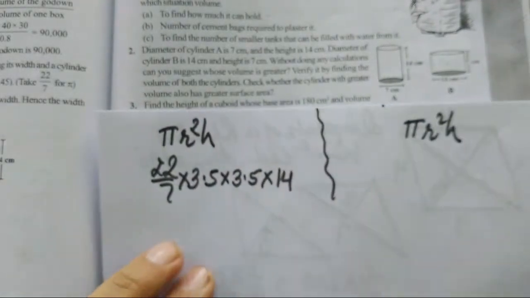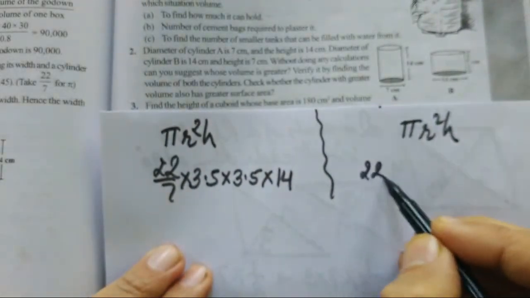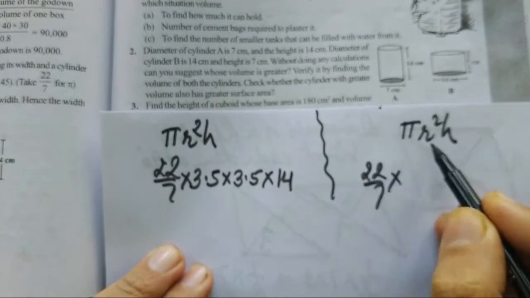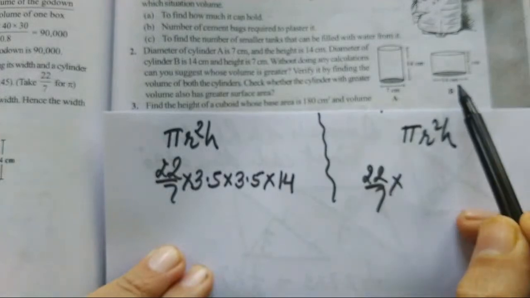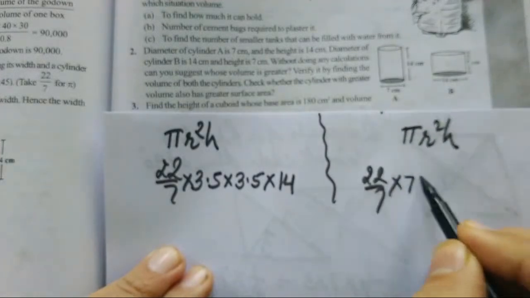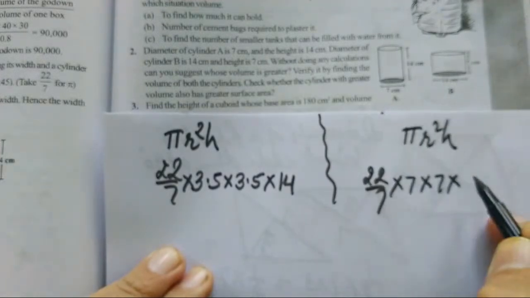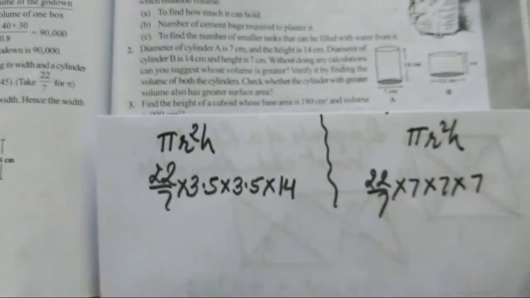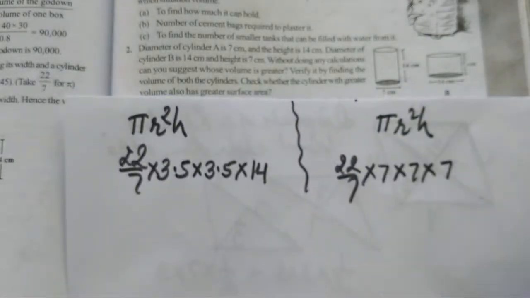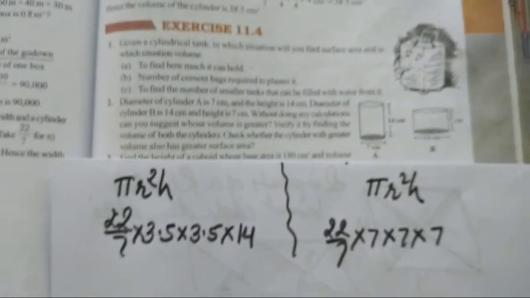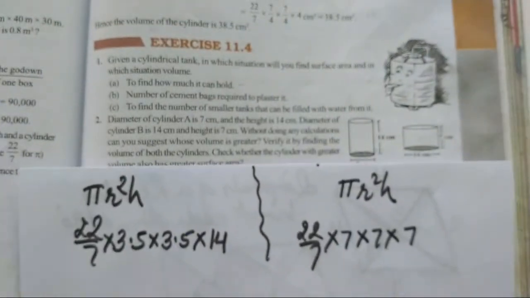And the volume of the second cylinder will be pi into r. Its diameter is given as 14, so the radius will be 7, into height 7. So these are the measurements of these 2 cylinders which are given in this exercise.